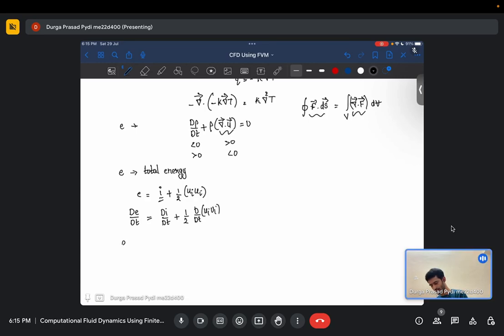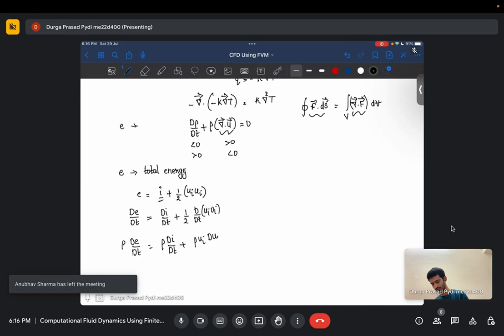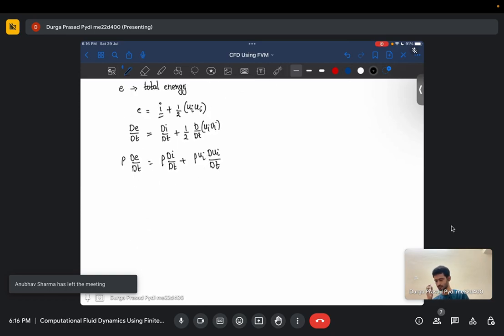If I just do rho times dE dt, what do you think it gives me? Rho times di dt plus, you can expand this as rho ui times dui dt. So if you observe this, this can be written as rho dui dt times ui.